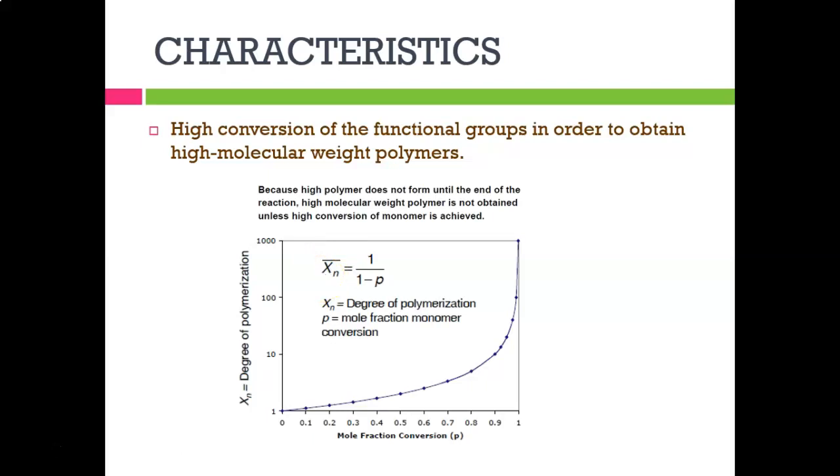As you can see, when P approaches 1, Xn increases to almost 1000. The value of P cannot be more than 1; it must be less than 1.